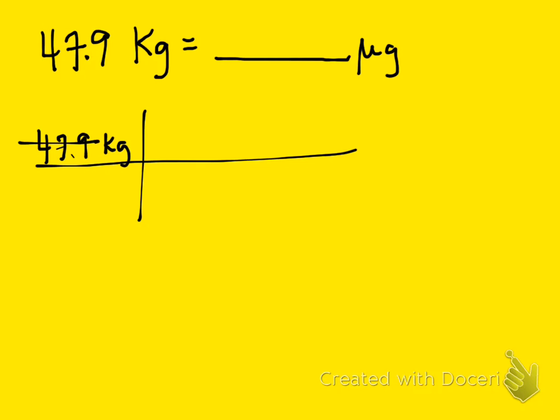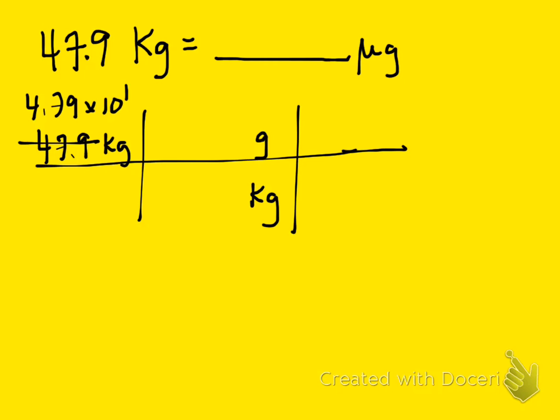And I want to put that in scientific notation just to keep my life simpler. I know that kilograms has to go in the next box and down below to cancel. And I know that I have to go through the base unit. So that's going to be grams.